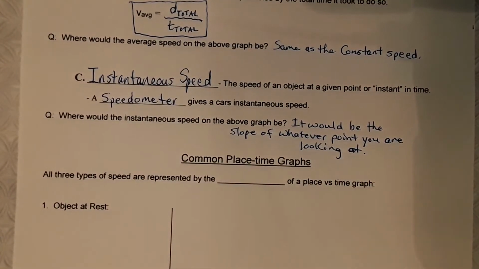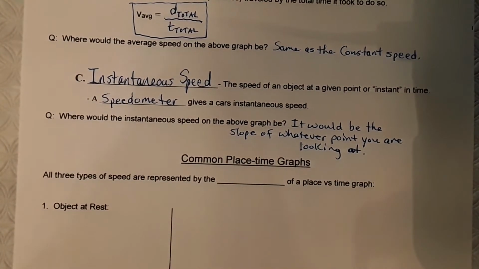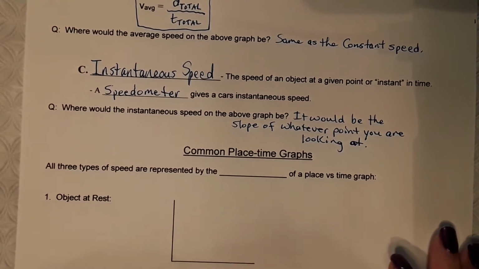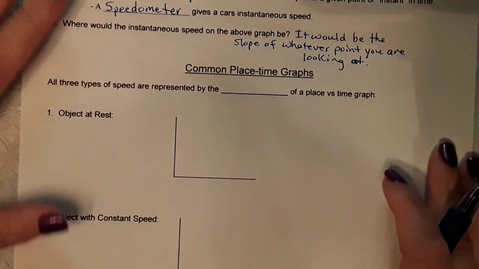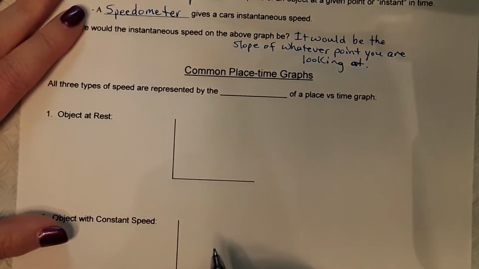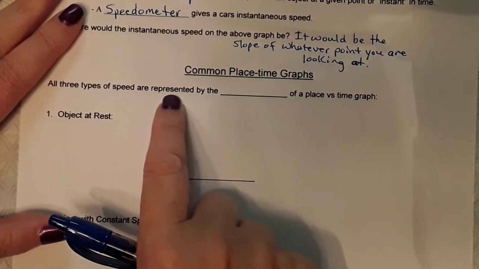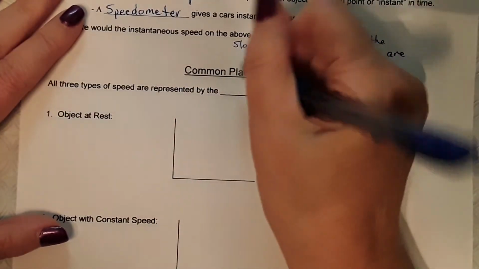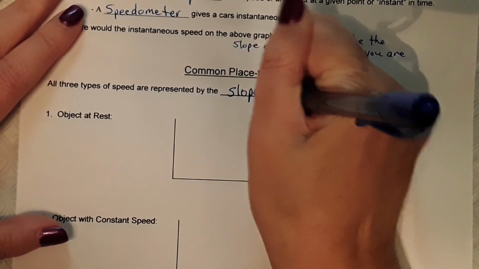Now, let's look at some ways we can use a place versus time graph. Remember, we're using scalars here, so no direction is involved. Let's see what we can describe using a place time graph. Now, remember, all three types of speed are represented by the slope of the graph.